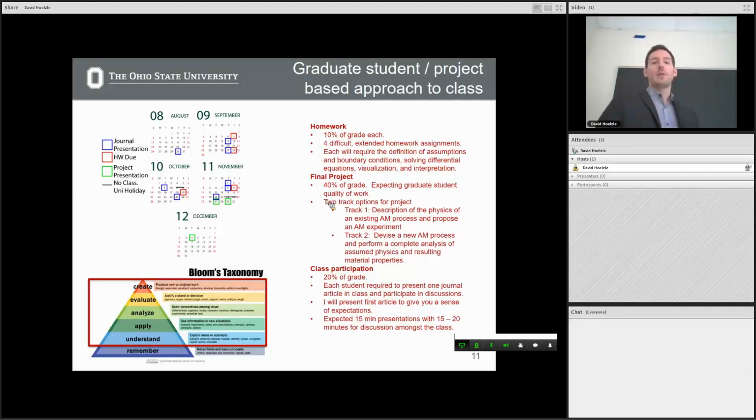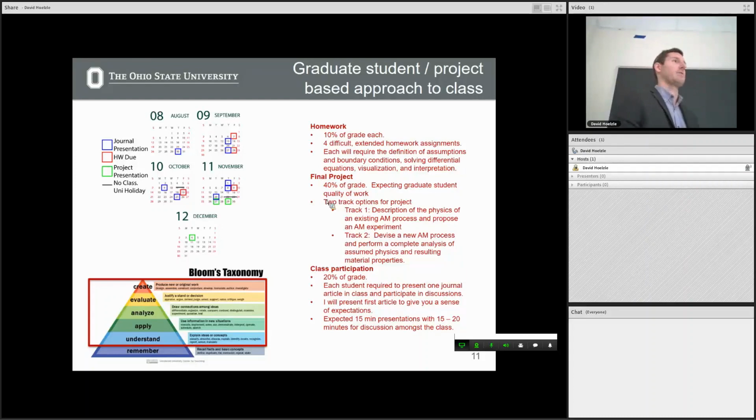Final project. So this is going to be 40% of the grade, and I'm expecting graduate student quality of work on these projects. Okay, so there are 2 track options for the final project. One is going to be the description of the physics of some sort of existing AM process. I'll talk about some existing AM processes in a little bit, and propose an experiment to perform on this.